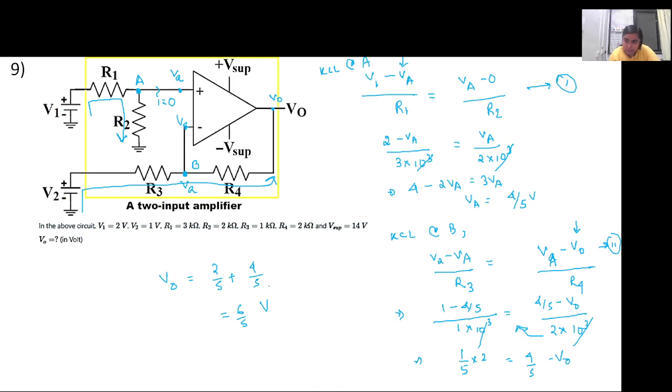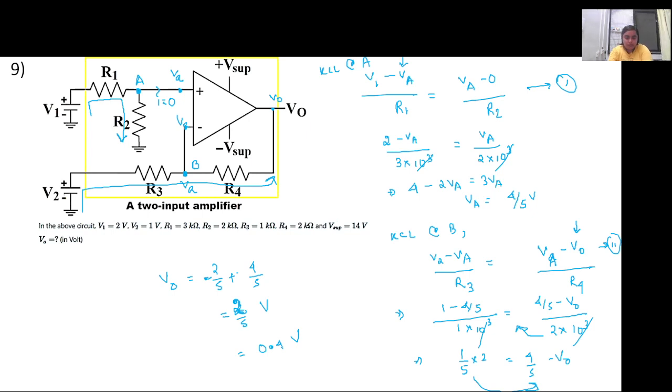Excuse me, ma'am, V naught will be equal to 4 by 5 minus 2. Yeah, this one I'm bringing to this side, so it is minus 2 by 5. So 2 minus 4, it will be 2 by 5, right? So this is 0.4 volt. Everyone getting 0.4 volt? Yes, ma'am. Okay.